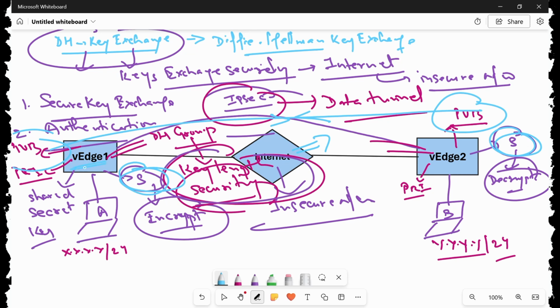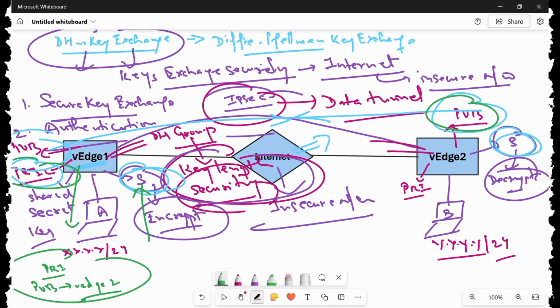So vEdge1 will use its private key and the public key of vEdge2 to calculate the shared key.